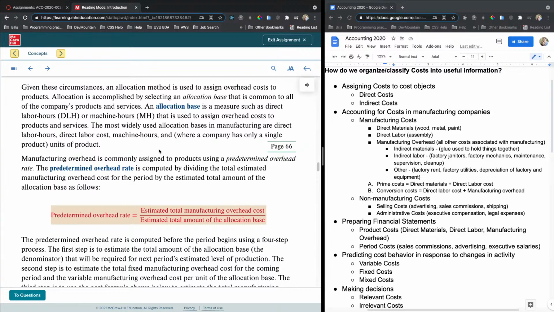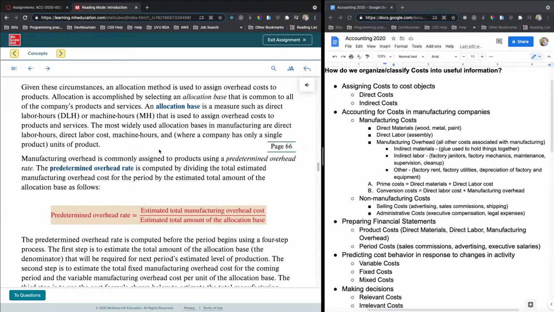Wait, so let me get this straight here. An allocation base, the common ones are direct labor hours, direct labor cost, machine hours, and units of product. And the reason is because every single product is going to have direct labor hours and direct labor costs. Each item that we have in our factory is going to have those, so we're going to use that. See, I was thinking more like factory rent. I don't know.